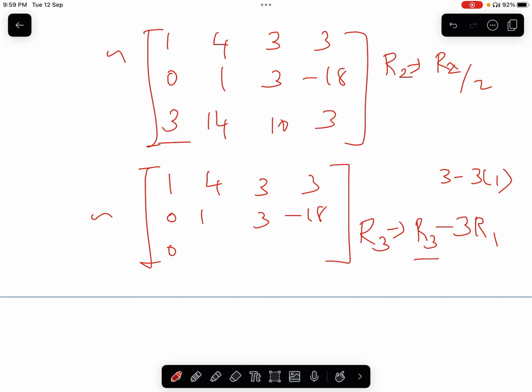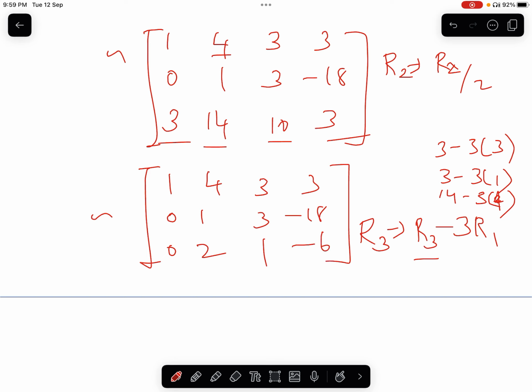Next, 14 minus 3 times the second element of the first row, which is 4, so 3 fours are 12, and 14 minus 12 is 2. The third element is 10 minus 3 times 3, so 10 minus 9 is 1. The fourth element is 3 minus 3 times 3, so 3 minus 9 becomes minus 6.